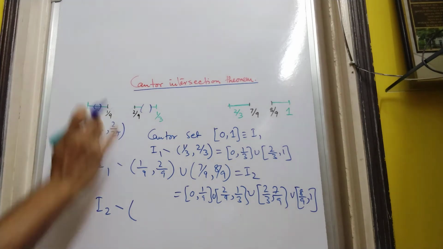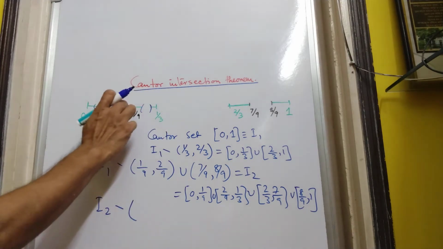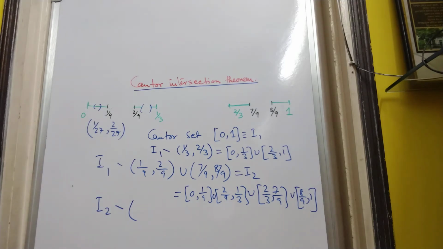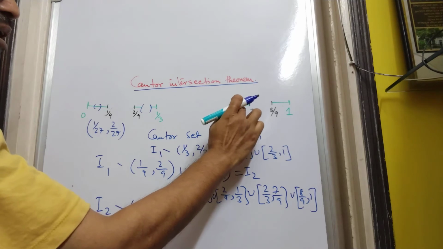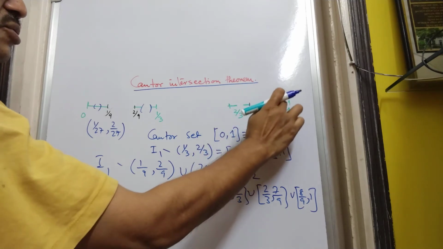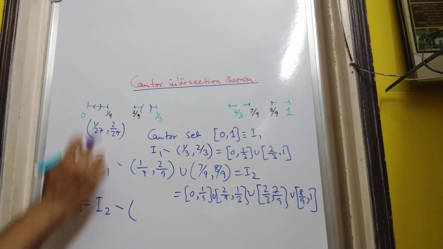Remember, this is 3 by 27. So obviously you will be able to calculate this. This is 9 by 27, isn't it so? And this is obviously 6 by 27. And similarly we have removed the middle third of this and this also to reach I3 when we remove these middle thirds from I2.